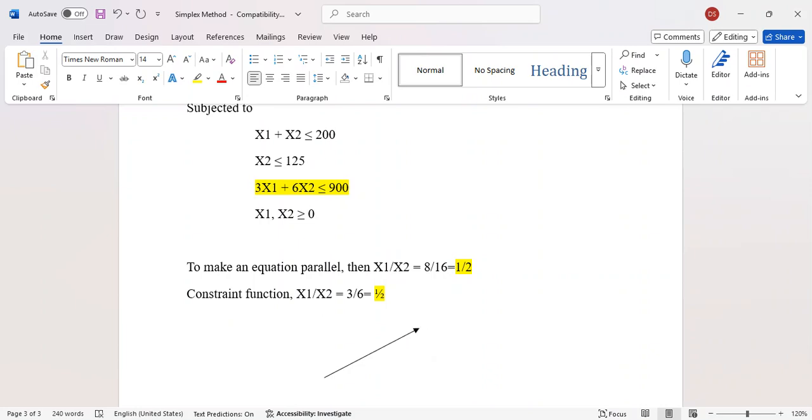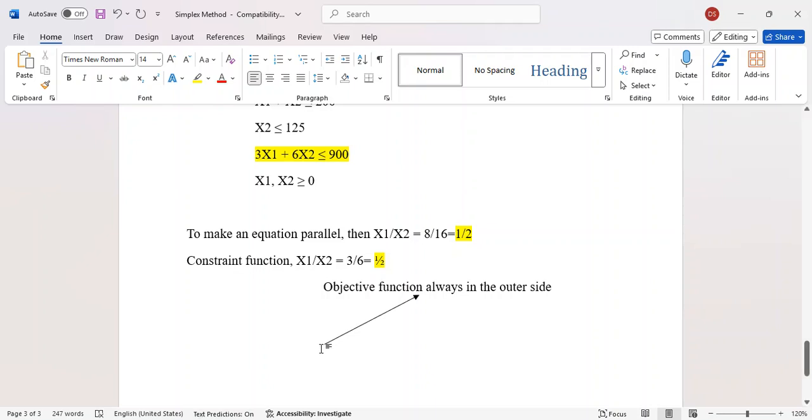The objective function will always be on the outer side.